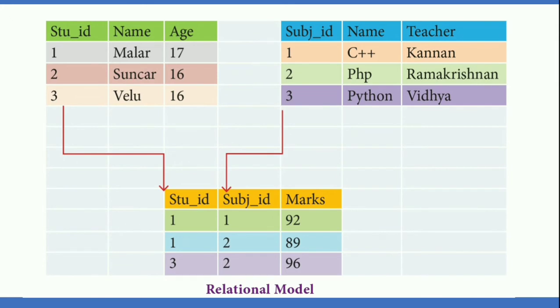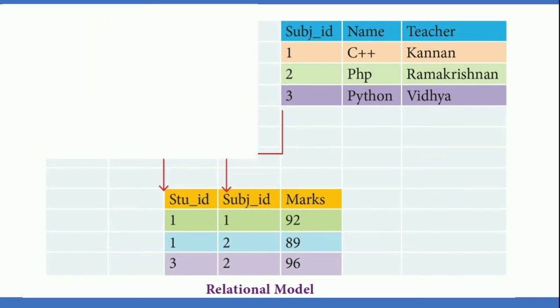Now let us convert this relational model database into an ER diagram. I have explained this table in the previous video. So let's convert this into an ER diagram. First table: student ID, name, age. Three attributes are there. Student ID is set as the primary key. So let's convert this table into an ER diagram.